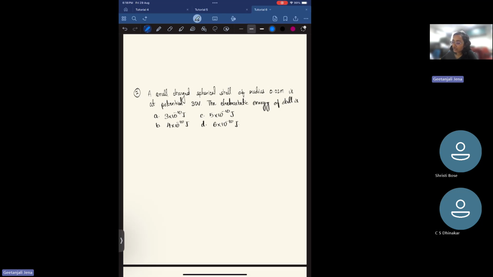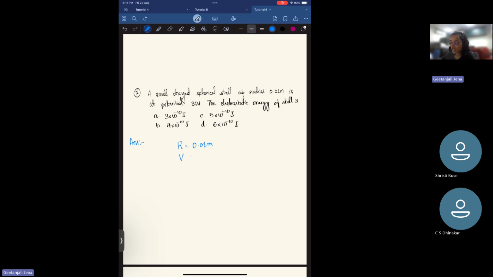Okay. So the second question is to find the electrostatic energy of a spherical shell. It's given a small charged spherical shell of radius 0.01 meter, at a potential of 30 volt.